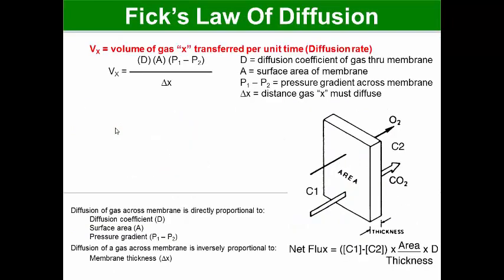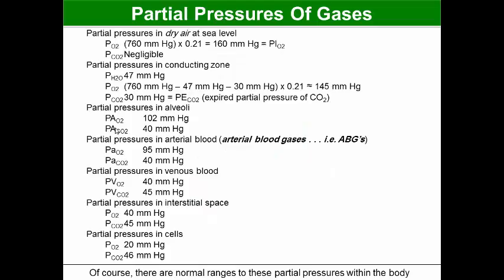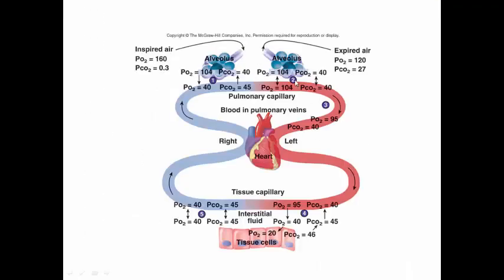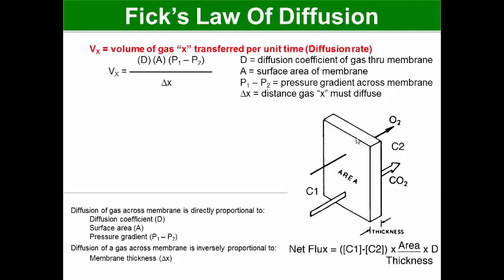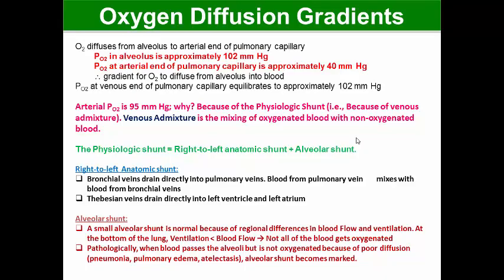So this oxygenated blood, where the partial pressure of oxygen was 105 or 104 millimeters of mercury, is mixed somehow with deoxygenated blood. And it is because of this mixing that the partial pressure of oxygen is now 95 millimeters of mercury. And this is the partial pressure of oxygen which goes to the tissues. So what is the source of this deoxygenated blood?